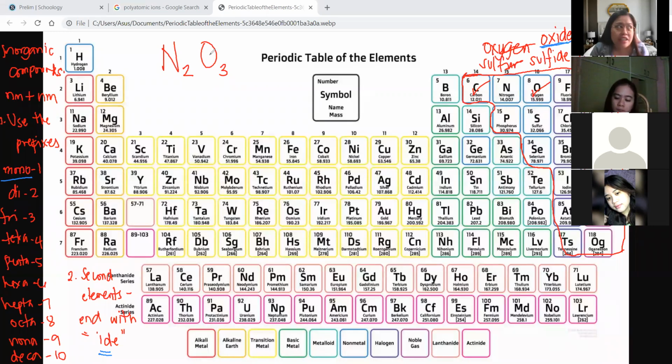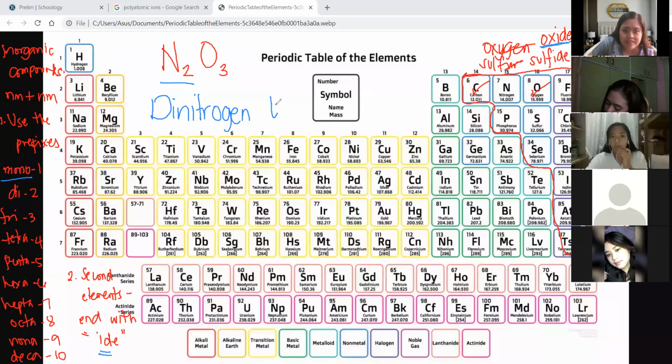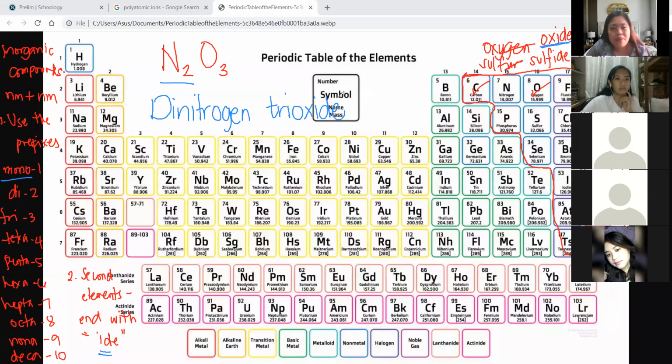So pag 2 or more atoms na siya sa first nga element, kailangan na nato mo gamit og prefixes. So 2 is again di, 'di ba? What is N? Nitrogen. Okay, dinitrogen. How about this? What is our prefix for 3? Tri, and then oxygen is, ilisan nato iyahang ending og IDE, so this is trioxide. So we name this one as dinitrogen trioxide.